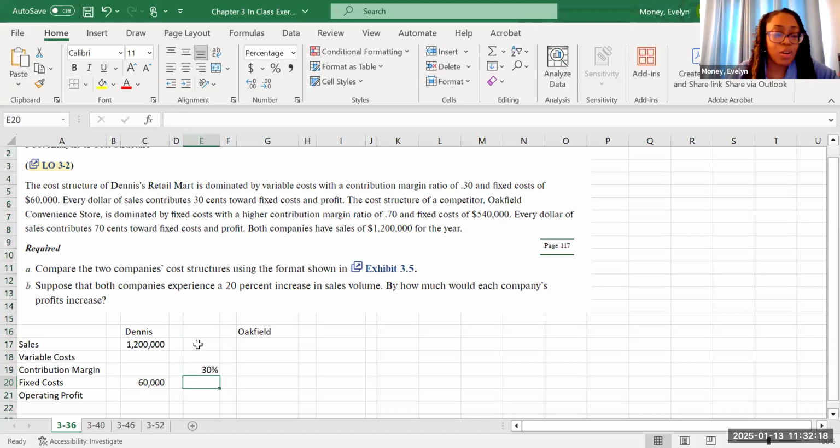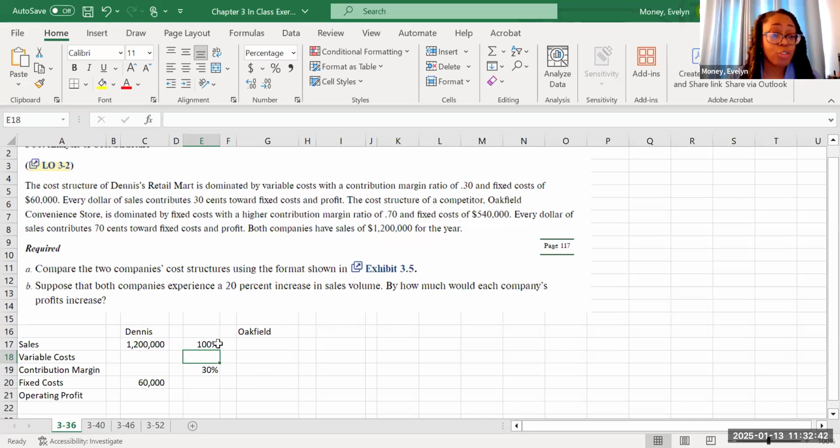So here's the way this works. Sales is always 100%. Sales, if we're working backwards, are made up of two components in terms of our contribution margin income statement: variable costs and contribution margin. What do you mean? Well, I usually take my sales and subtract my variable costs to find my contribution margin.